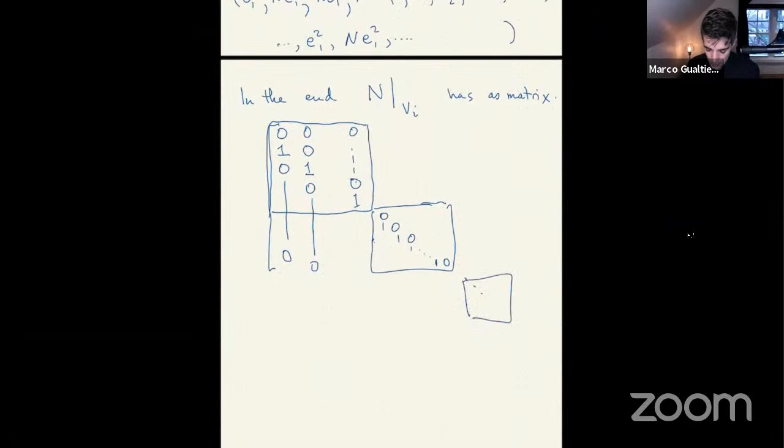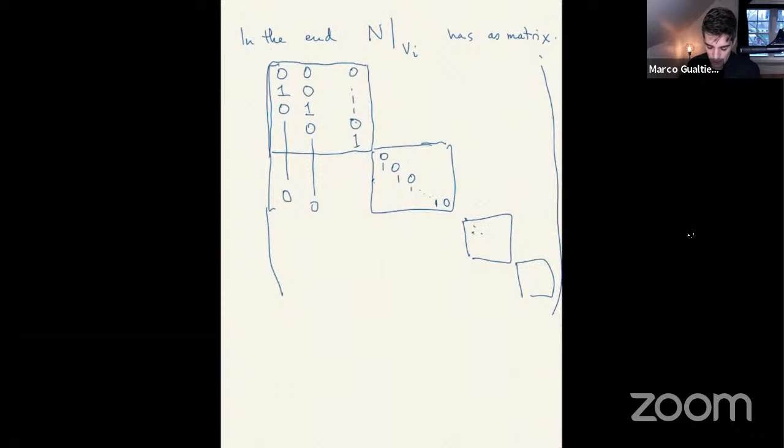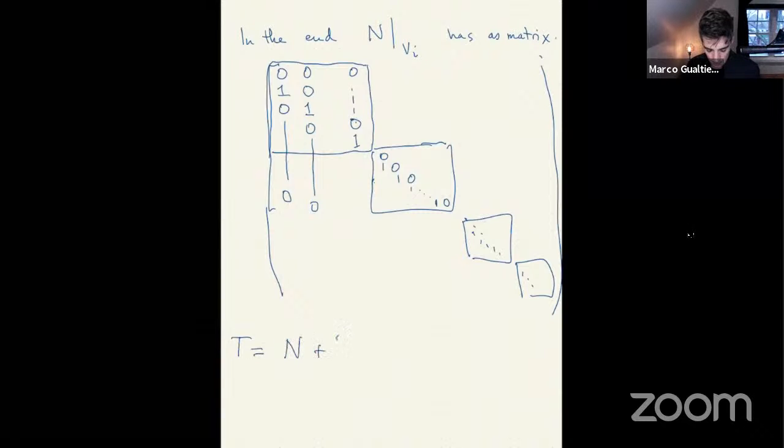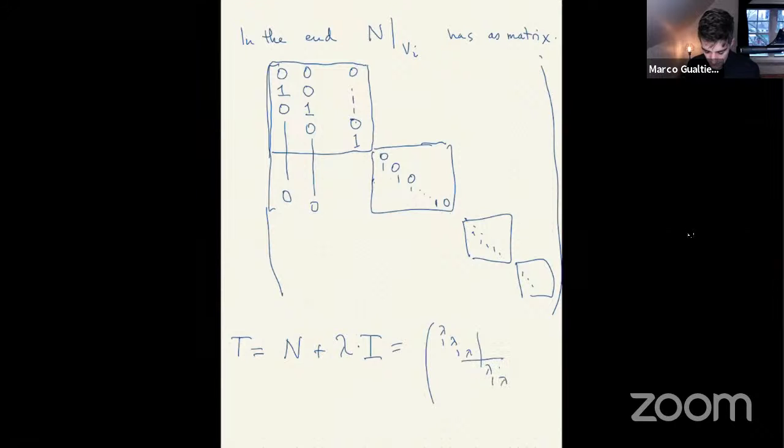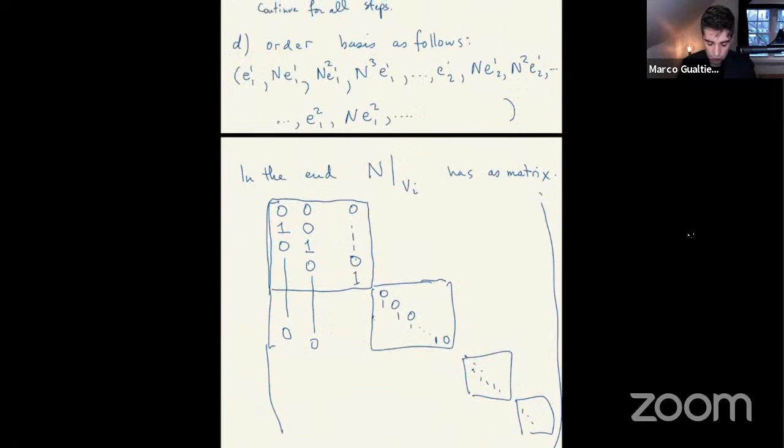We're going to get smaller Jordan blocks depending on how long the line is before the oblivion. Okay, so we're going to get a bunch of these. And then therefore T, which is N plus lambda times the identity, will just look like it should.